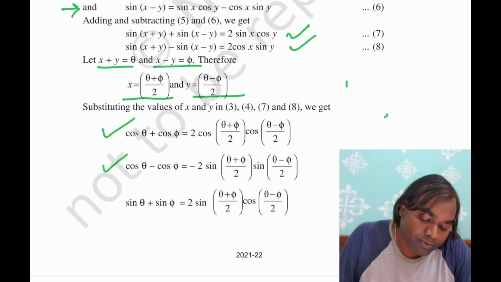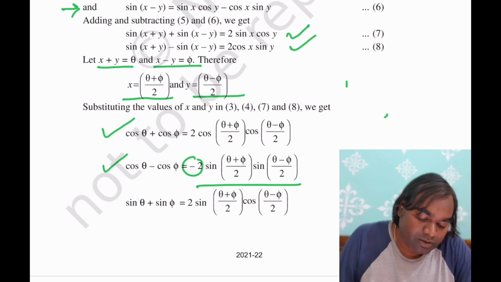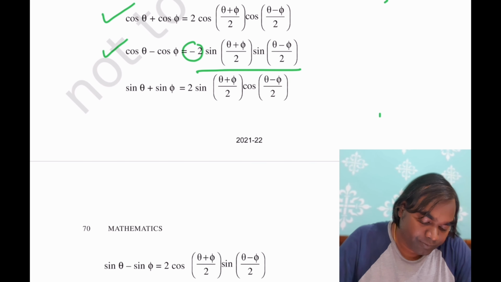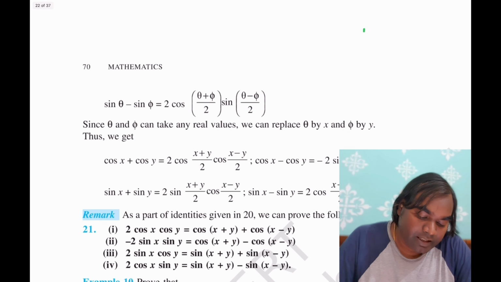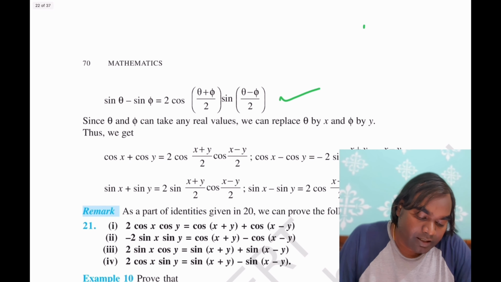So here you should note that if we are changing the sign, the minus sign is coming out, and sin theta plus sin phi is equal to 2 sin (theta plus phi) by 2 cos (theta minus phi) by 2. So these are the relations we can remember, and if you want to write in terms of x and y, you can replace theta by x and phi by y, and you will get the same relation.